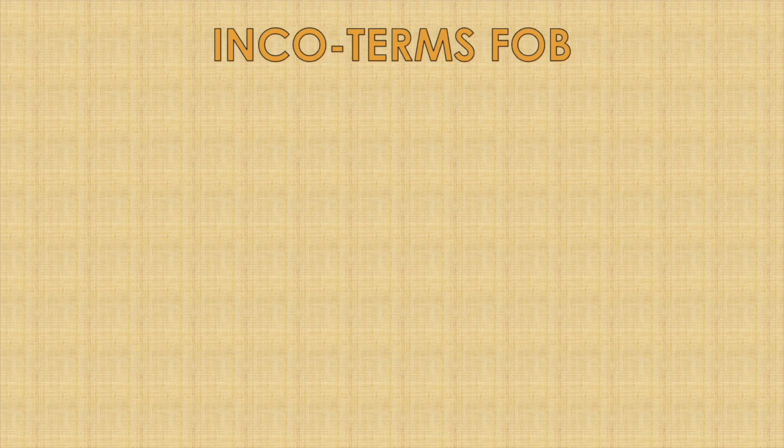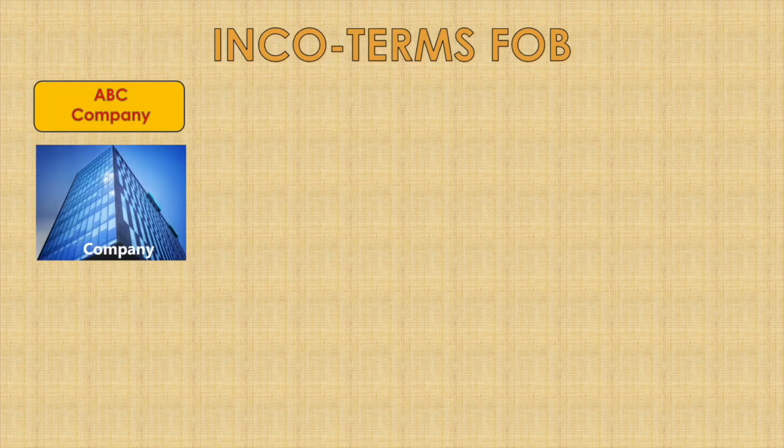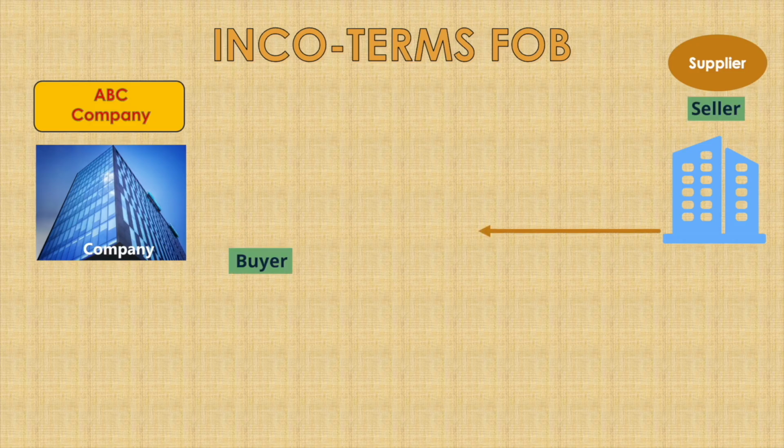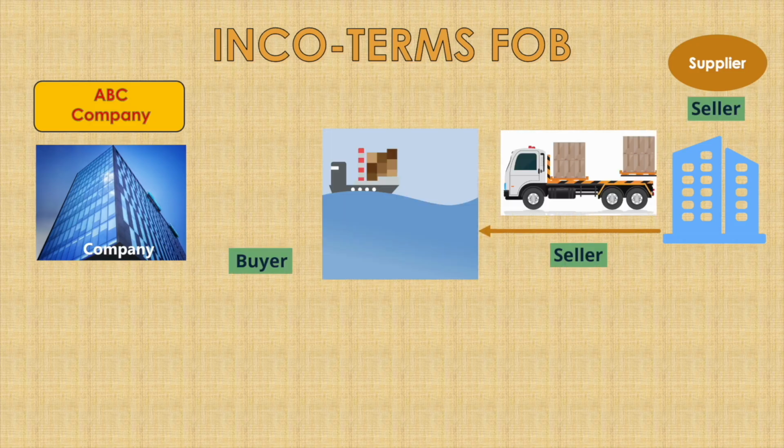Free on Board. Now, let's look at Free on Board. Here, the seller is responsible for transporting the goods from their warehouse to the nearest departure port, including trucking charges, loading costs, and export customs clearance. Once the goods are loaded onto the ship at the port of departure, the responsibility shifts to the buyer.